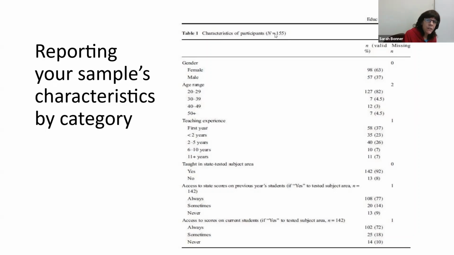If you have the overall sample size, you can often put it in the title of the table, and then the number and the percent, and note it says here valid percent, and it tells you the number who are missing from each category. And these two things were ranges.